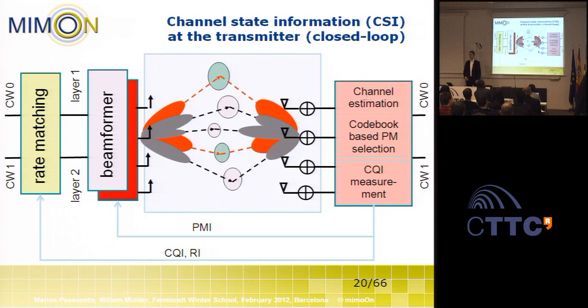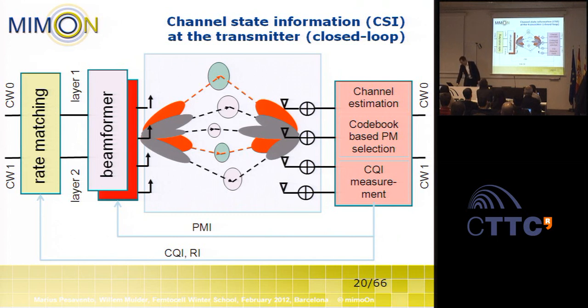The receiver has this information about the channel from channel estimation, and it can decide which precoding matrix, which linear transformation, should be used at the transmitter, basically which beamformers should be used for each of the streams that are simultaneously transmitted over the channel.